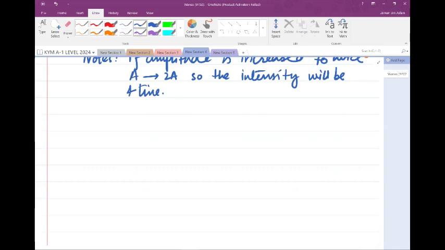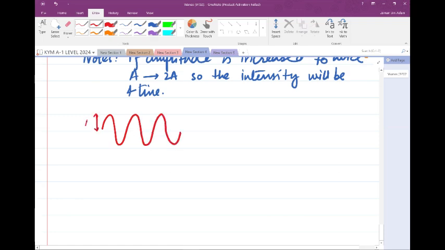All right. Imagine this here is a wave, and they tell us that this is the amplitude of the wave. Let's call this A1, and let's say that it has an intensity of I1. Both A1 and I1 are given in a question.